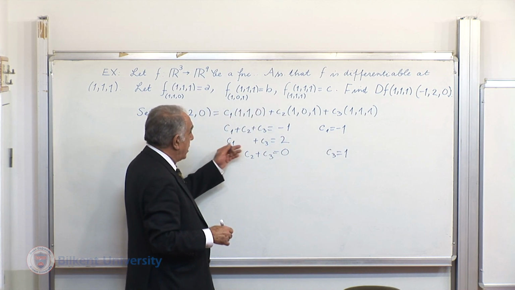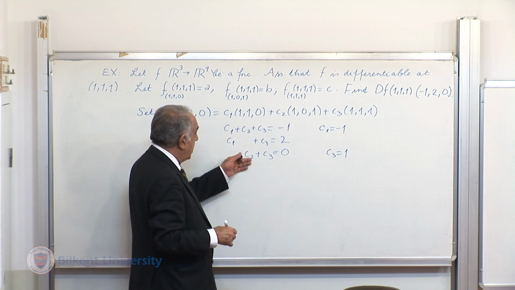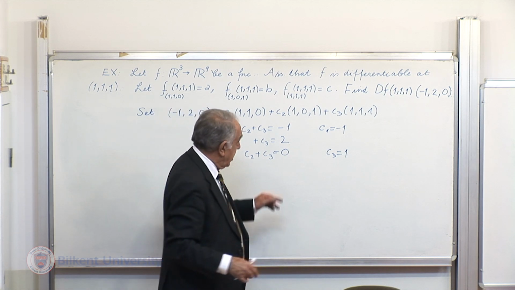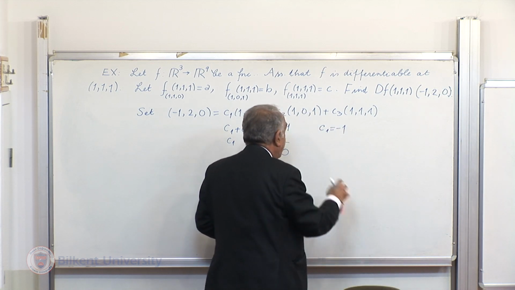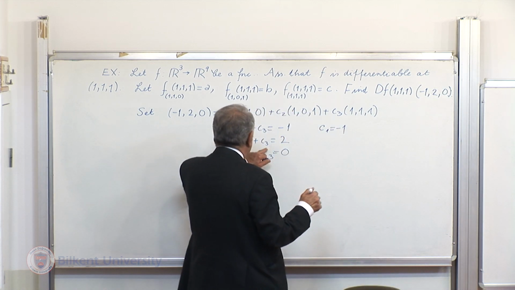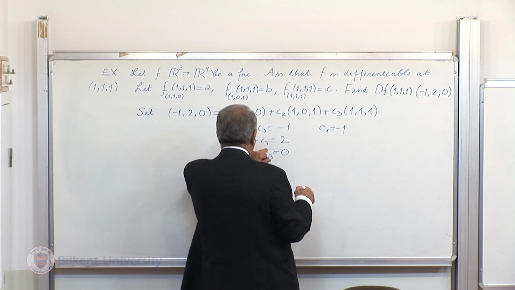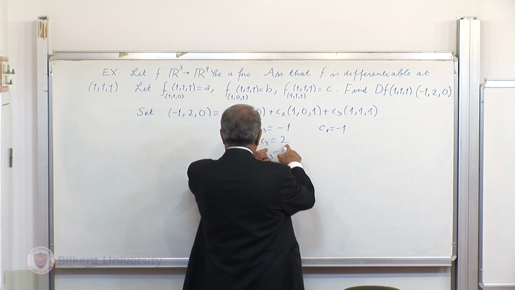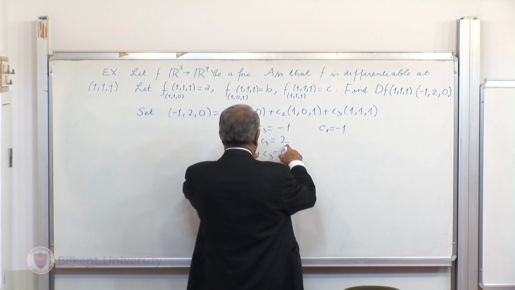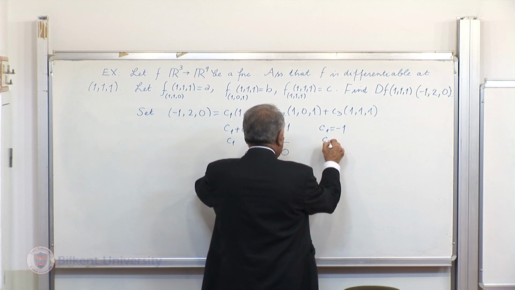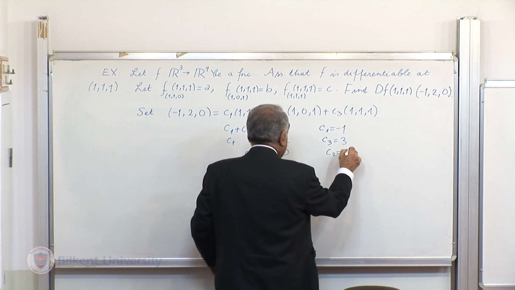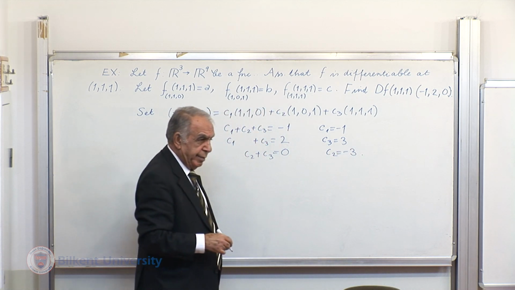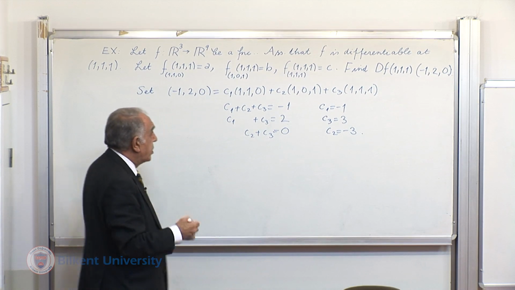And here, C2, oh no, it's the negative of C2, not this. Well, from here, C3 will be, this is -1, C3 will be 3, and C2 will be the negative of that, -3. Okay?